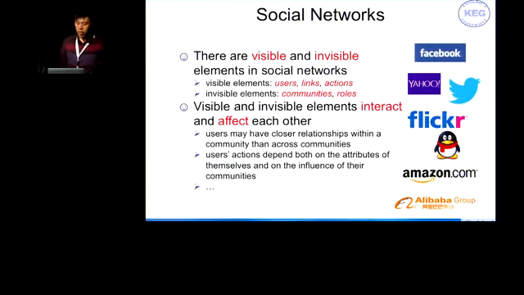For example, users have closer relationships within one social network than across different social networks. And whether a user takes a specific action depends on both the attributes of this user and the influence of the communities he or she belongs to.